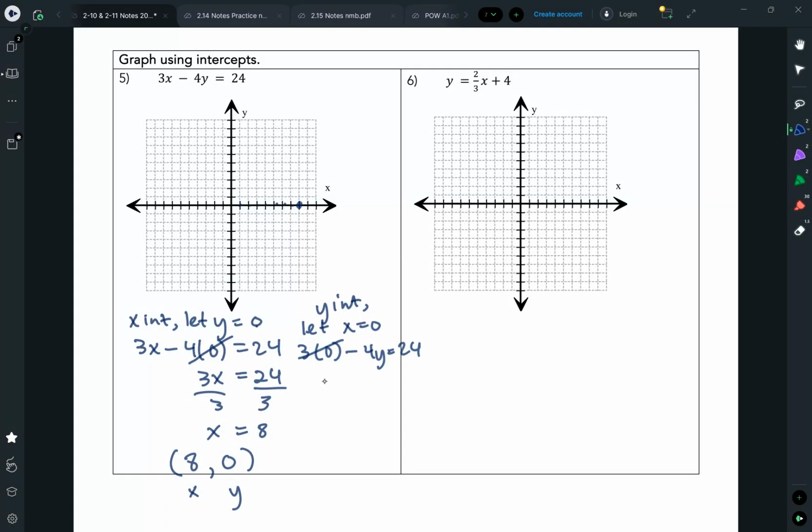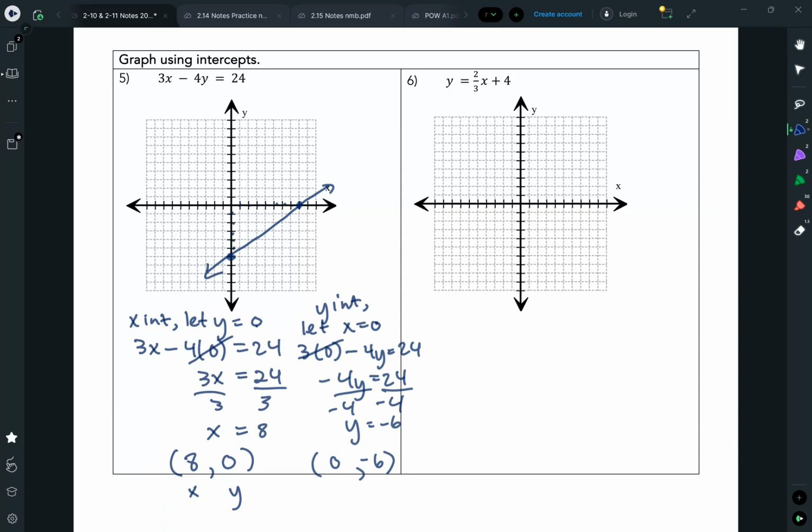This is a 0, negative 4y equals 24. Divide both sides by negative 4, and y is negative 6. So ordered pairs x comma y. Well, x was 0, y was negative 6, 0 comma negative 6. So there's my 0, negative 6, and then we'll go ahead and connect.